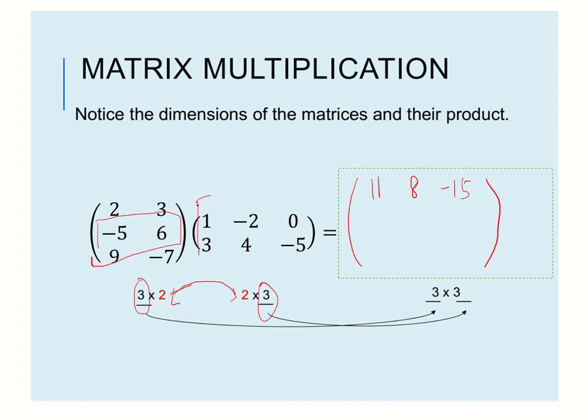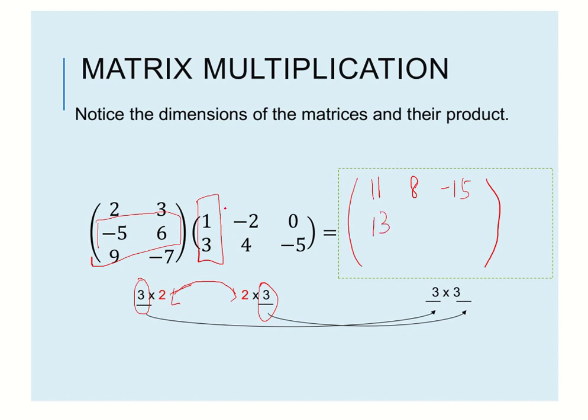Come back to the first column. -5 plus 18, so it's 13.